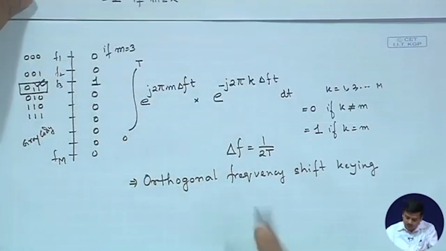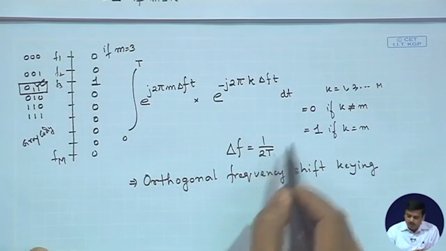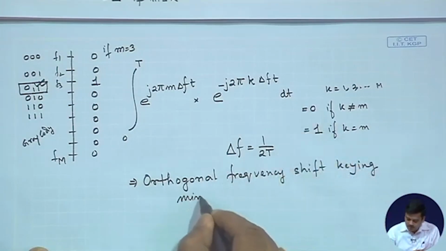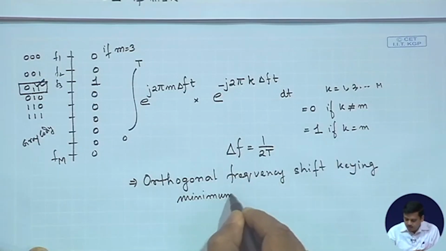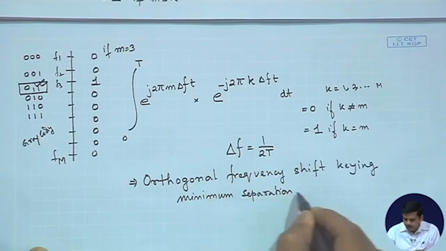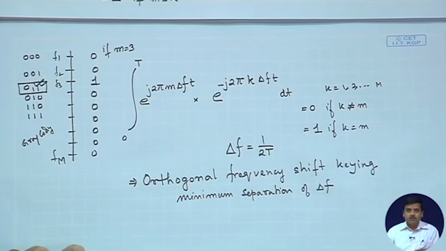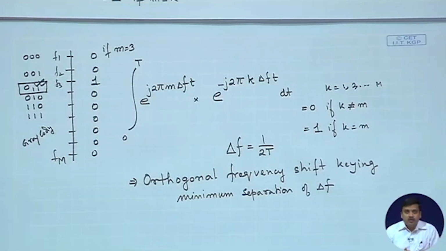So, therefore, choosing delta f equals 1 by 2T would make it orthogonal, and this is also the minimum separation of delta f that is possible in order to maintain orthogonality amongst the signals, right.